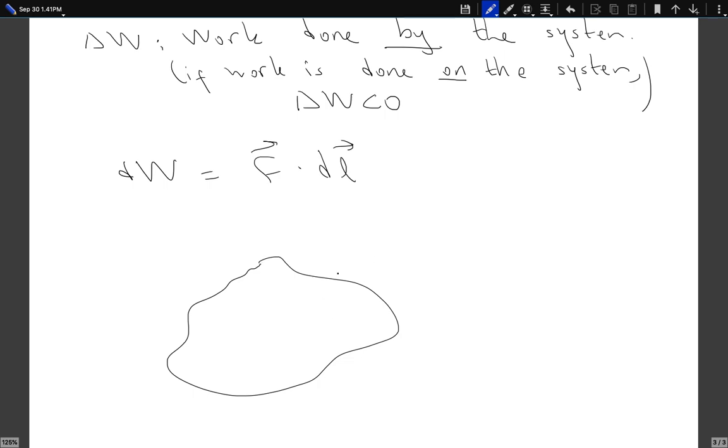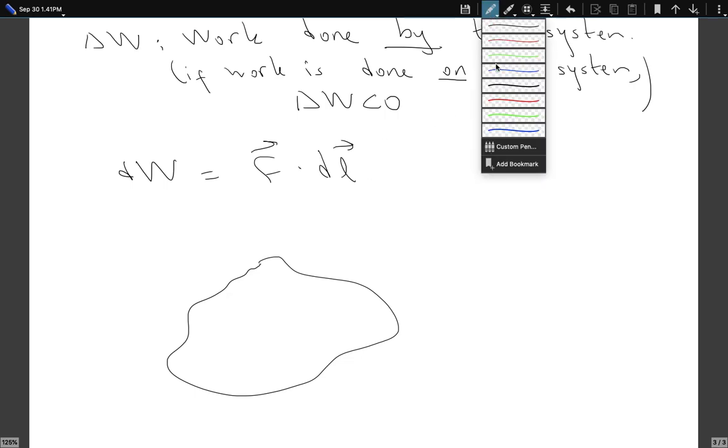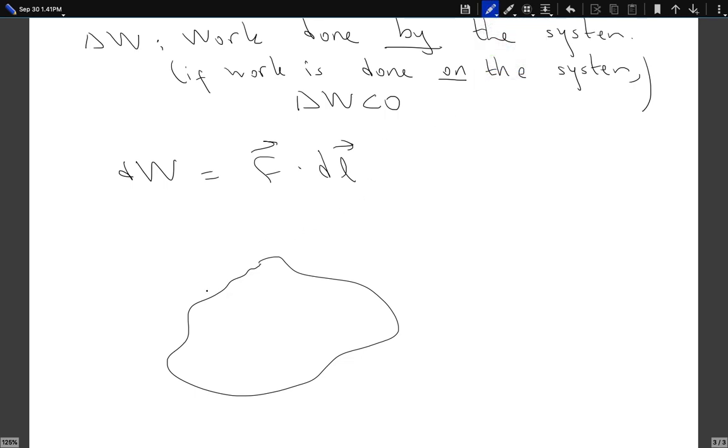So this is our object. Let's say it changes its shape, and after the change it takes such a new shape. It's not really important what the actual shapes are, just a very small change in the shape.